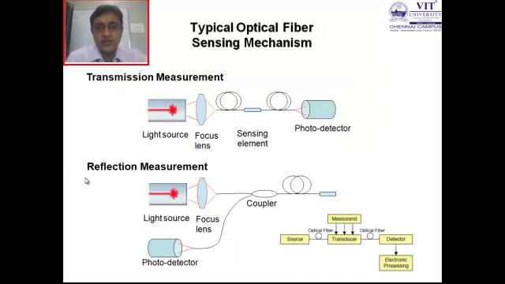Now coming to the actual topic of the day, the typical optical fiber sensing mechanism. A sensor is a device which converts any physical phenomenon into an electrical quantity essentially, but a transducer can convert any physical phenomenon into another physical phenomenon, essentially not electrical.